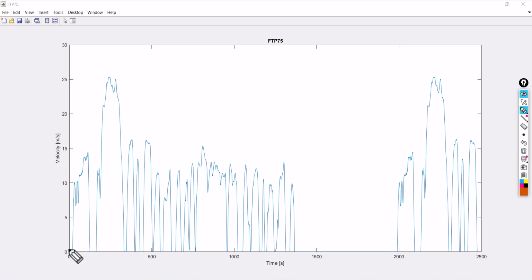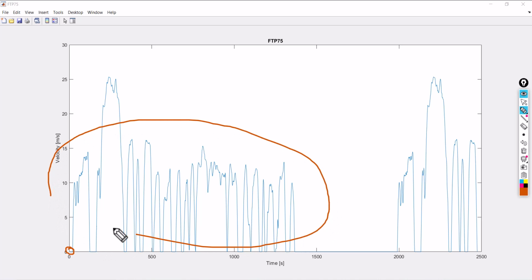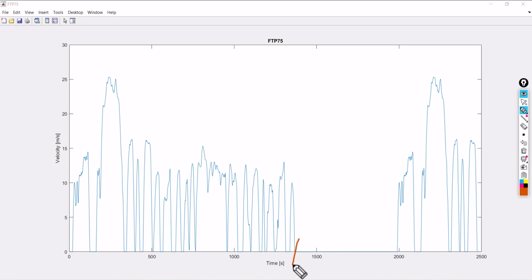That means this is the place where the driver started the vehicle and went up to some speed, again applied a brake, again went to speed, again applied a brake. This profile shows that the driver drives his vehicle in high density traffic. If you look here, between approximately 1300 seconds to 1900 seconds, there is no output. That means the vehicle was stuck in heavy traffic. He cannot move his vehicle even a single inch. So that's the meaning of this profile.